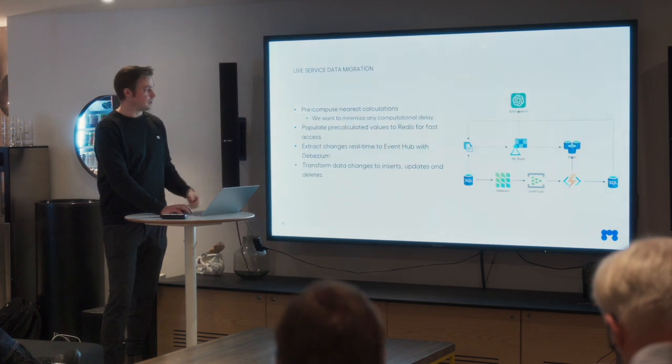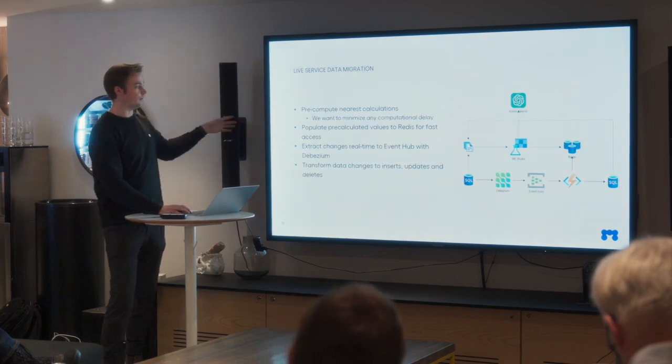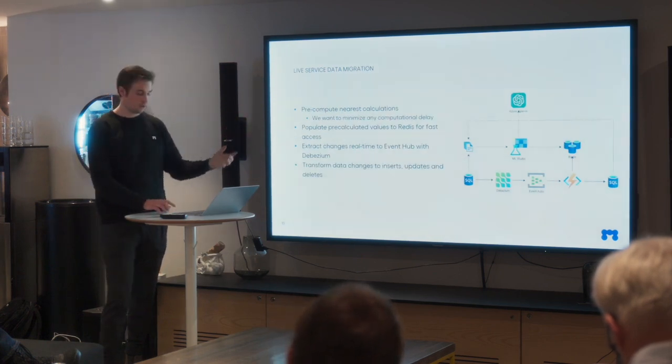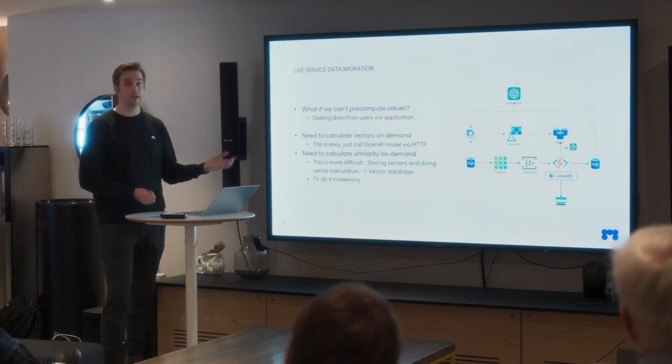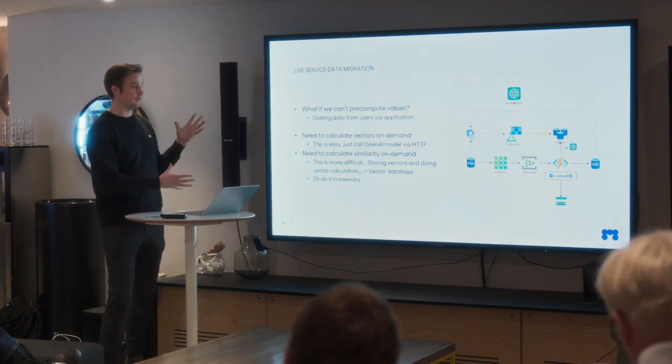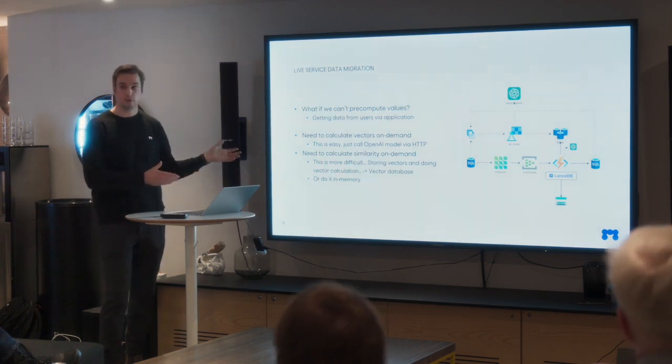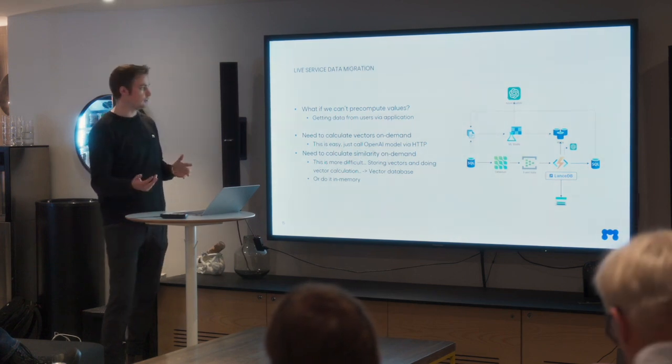But as I mentioned here, things would need to be pre-calculated. What if your scenario doesn't allow that? What if you cannot pre-calculate the information that you want to map or transform with vectors in real time?